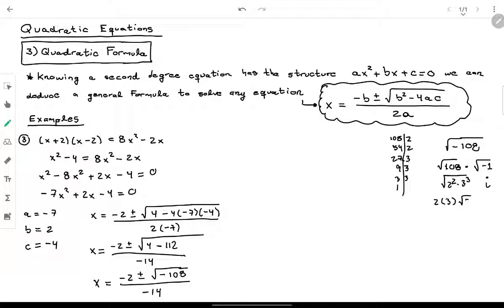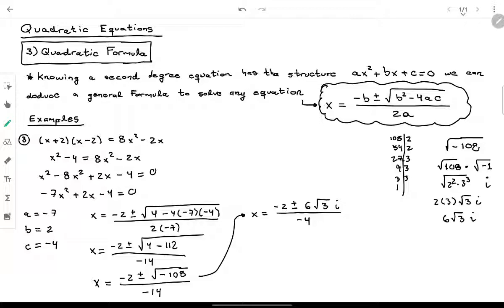On the inside part, we'll still have a 3 and an i. So it's going to be 6 times the square root of 3, times i. That means we can put it like x equals minus 2 plus minus 6 times the square root of 3 multiplying i, all of it divided by minus 14.